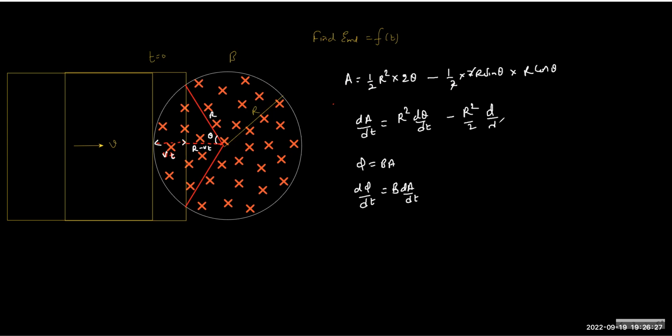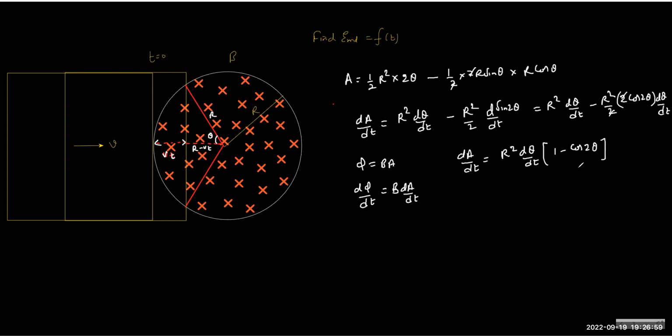So d by dt of sin 2 theta gives 2 cos 2 theta into d theta by dt, the chain rule. So dA by dt turns out to be R square d theta by dt, we can take common, so what we get is 1 minus cos 2 theta.